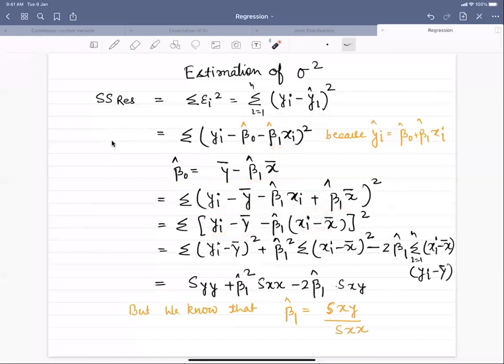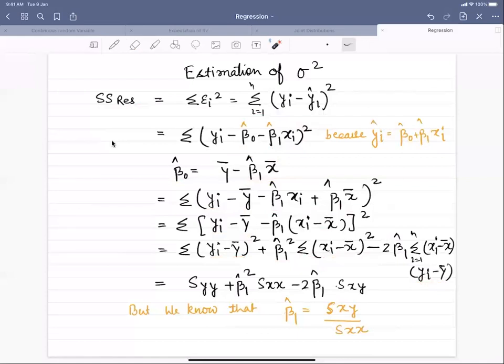Then we can expand this whole square term, and you already know how to do that. Taking the summation operator inside, it will be summation over i of (y_i minus y bar) square, plus beta 1 cap square summation over i of (x_i minus x bar) square, minus twice beta 1 cap summation over i = 1 to n of (x_i minus x bar) multiplied by (y_i minus y bar).